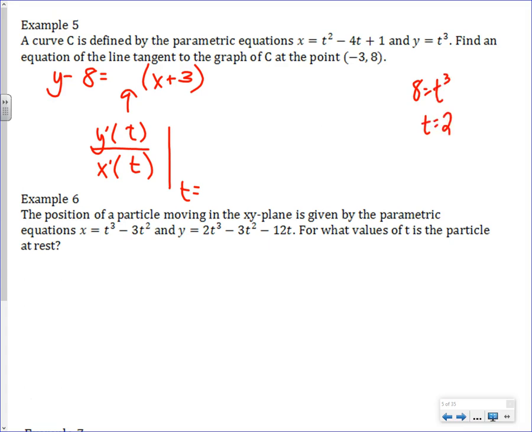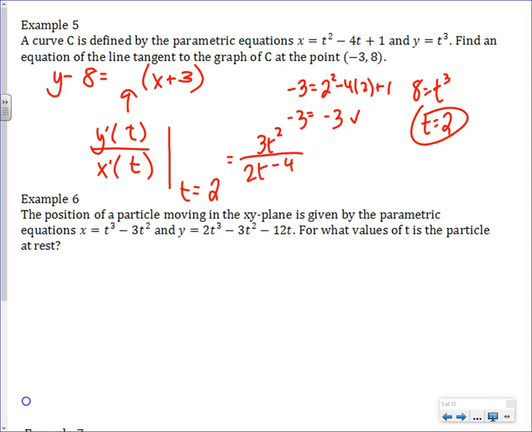This will only be a problem if when I plug in 2 over here it doesn't work. But with 4 minus 8 plus 1, t is 2. So I plug in 2 into y prime, which is 3t squared, over x prime, which is 2t minus 4, and I get 12 over 0.